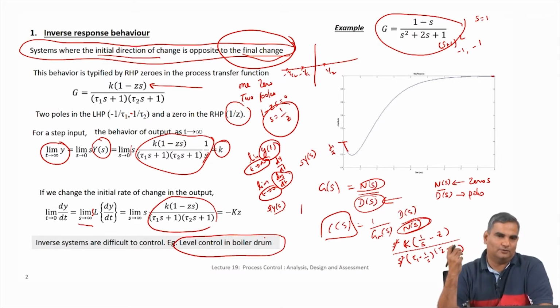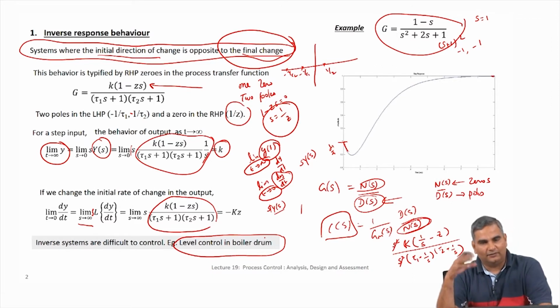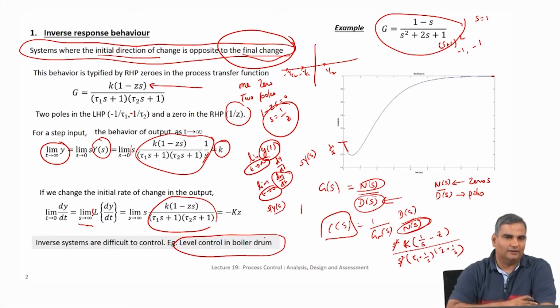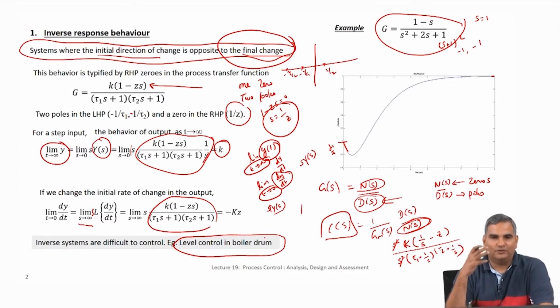So, the level comes down a little at the beginning, but ultimately once you have really increased the amount of liquid, and if the steam rate that you are taking out remains the same, then ultimately the level has to go up. So, typically you would see the level decreasing as soon as you increase the amount of liquid into the tank, and then after a while the level will of course go up.